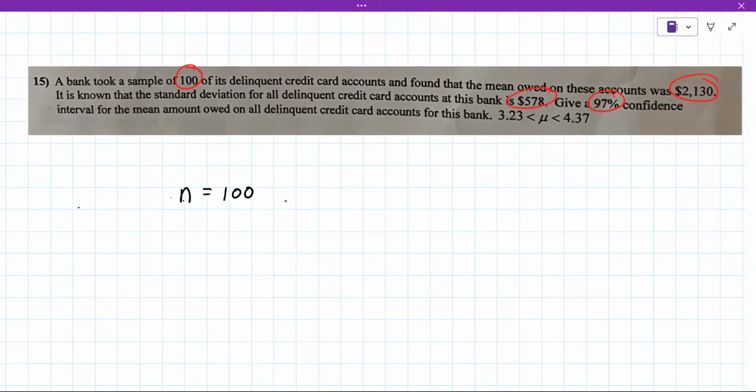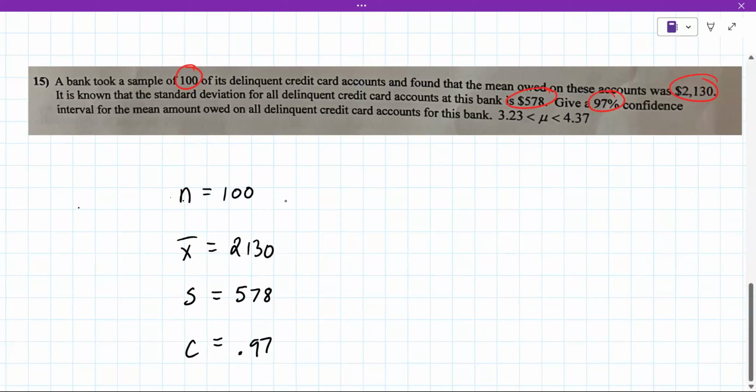The x bar, the sample mean, that's 2130. Good. The standard deviation, little s, is 578. Okay. And then the interval is 0.97.